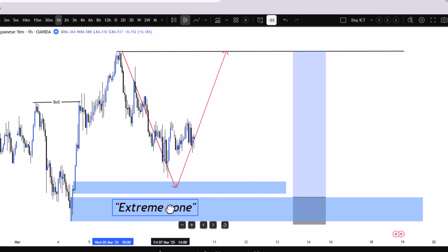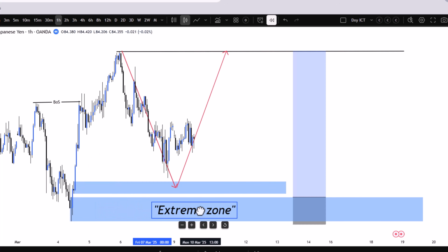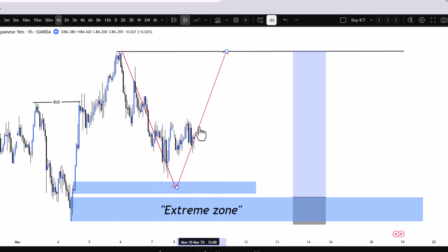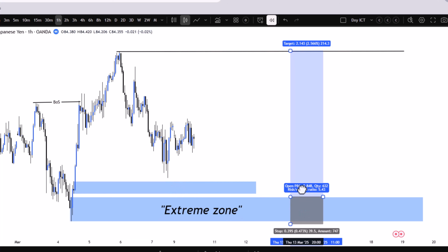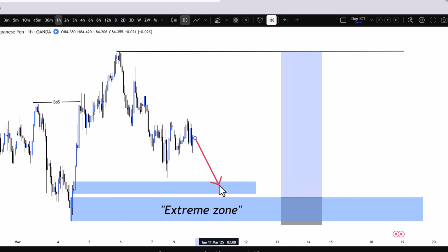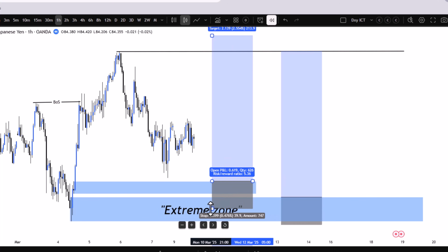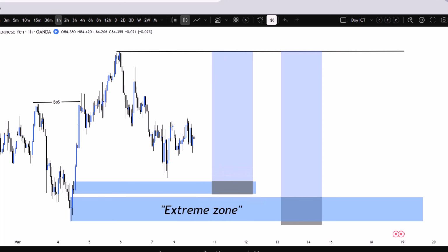If we want to place a buy limit on either of these zones, the standard one to go for is gonna be the extreme. First of all, because we get the best risk reward from this zone, and second of all, because it's just the safest one. If we go ahead and place an order at this zone, for example, and our stop loss is here, we can be right on this position, meaning we could actually be correct about the market direction, but we could still be stopped out if the market decides to reach for the extreme zone.